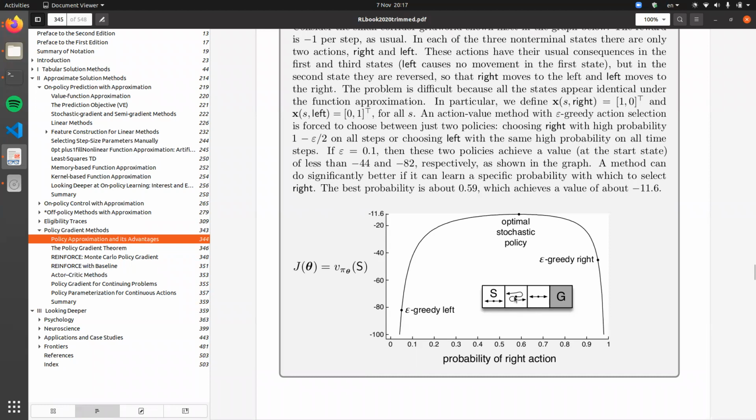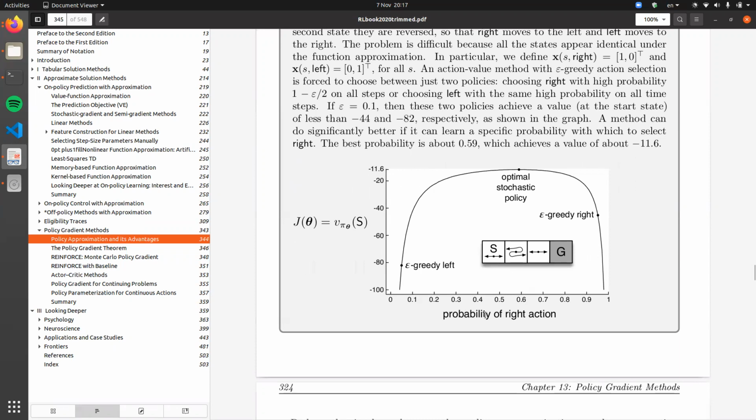But then the right action will move us back to state 1, so we are stuck in an infinite loop. And by always selecting the left action, we obviously never leave state 1. That's equally bad: an infinite loop, and we never complete a single episode.